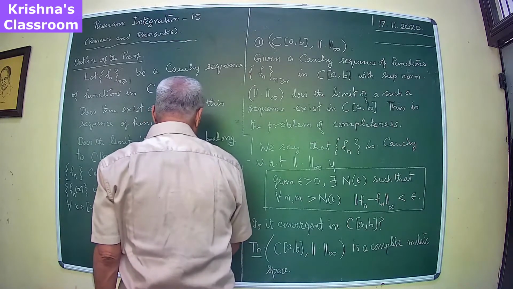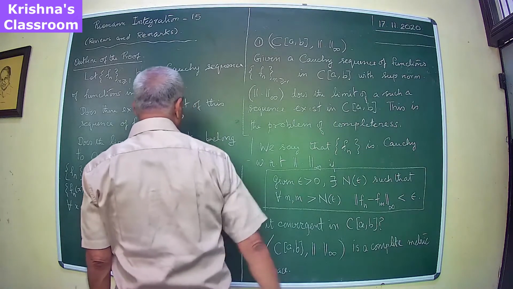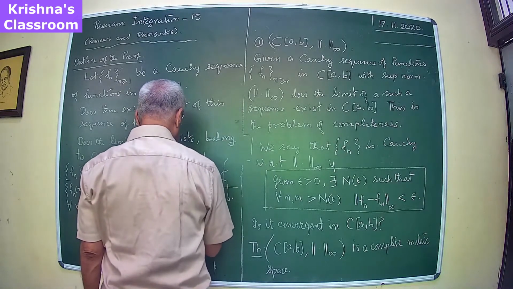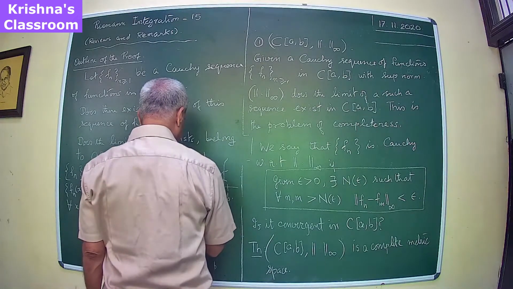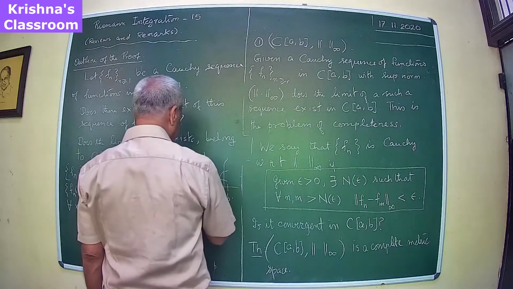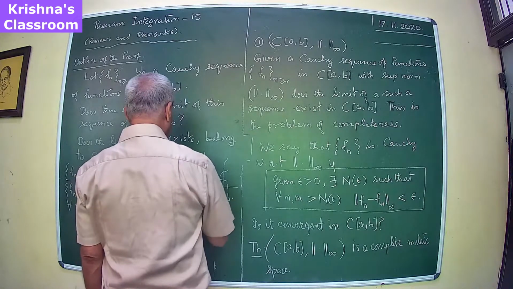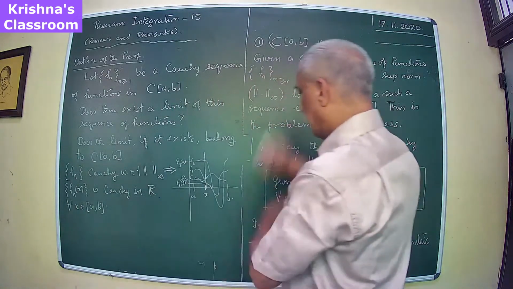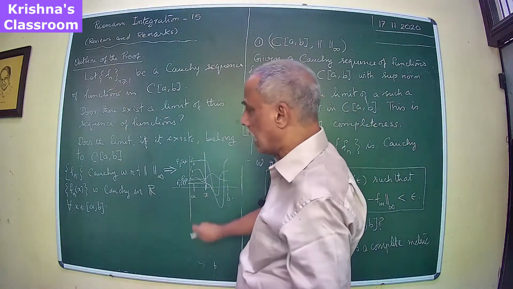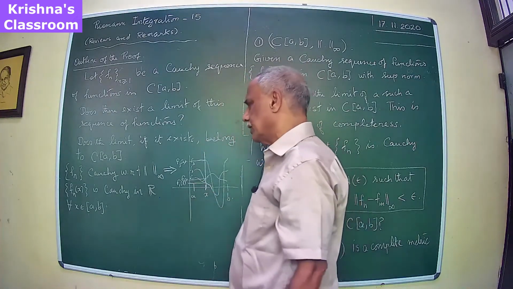This is x. So if this is f1, f2, f3, then this number is f1(x), this number is f2(x), and this number is f3(x). So you have in general such numbers. For a fixed x you have such numbers, and they are numbers in R. Therefore, they also form a Cauchy sequence, and that's quite easy to prove.